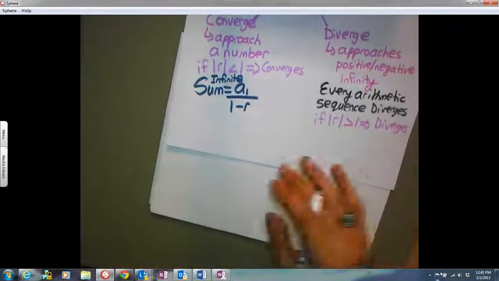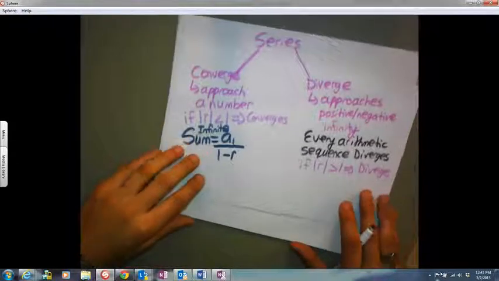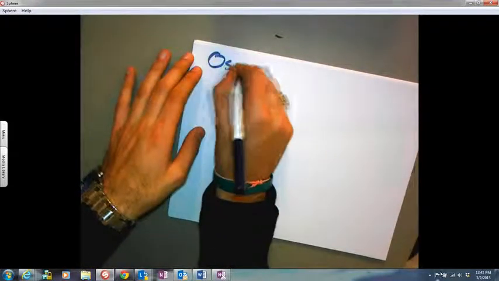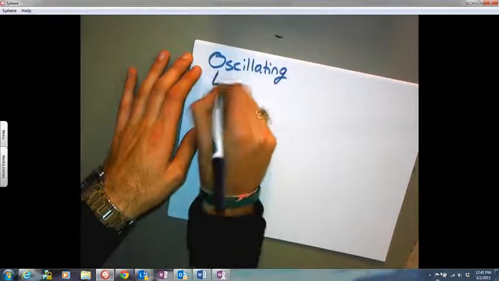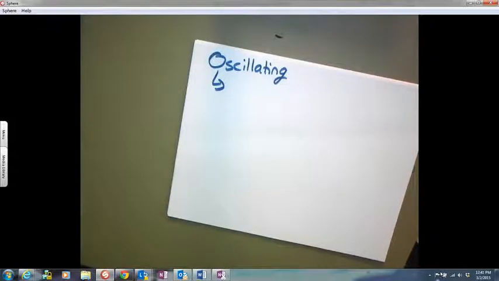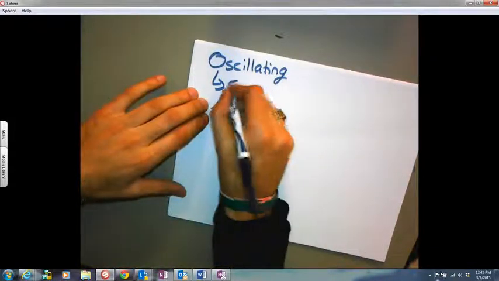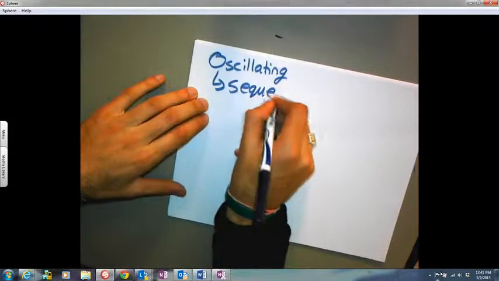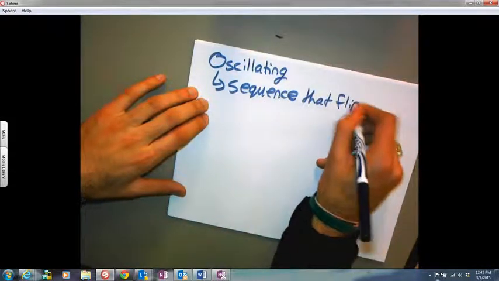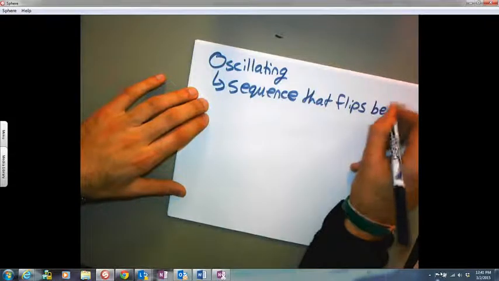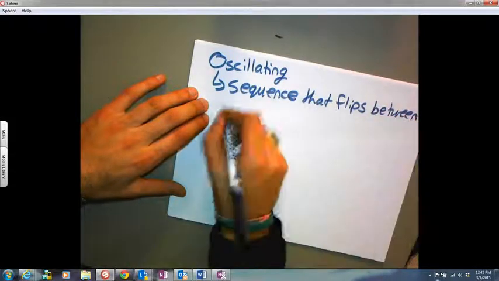Now, let me continue on. So I'll introduce a new term, oscillating. Oscillating is a sequence that flips between two numbers.